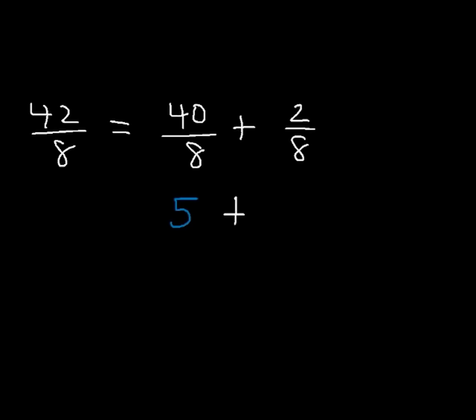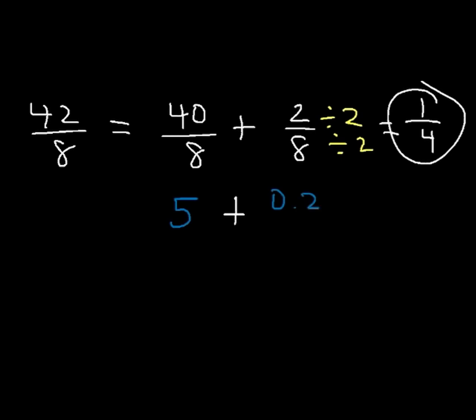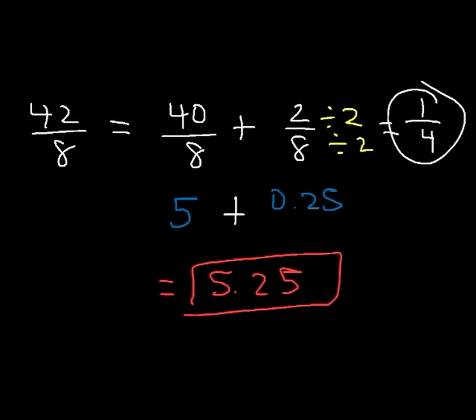Now 2 over 8, we know that to be the same as 1/4. If you divide the top and the bottom by 2, you can reduce the fraction to 1/4. And 1/4 as a decimal is 0.25. So therefore we add 5 plus 0.25, which is 5.25. And so 42 over 8 is 5.25.